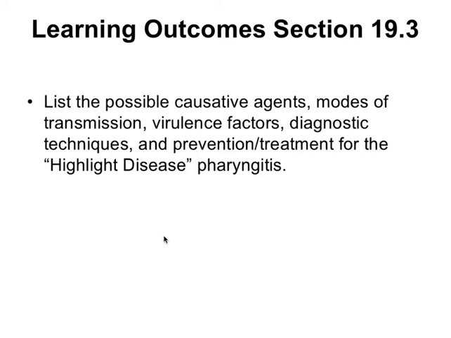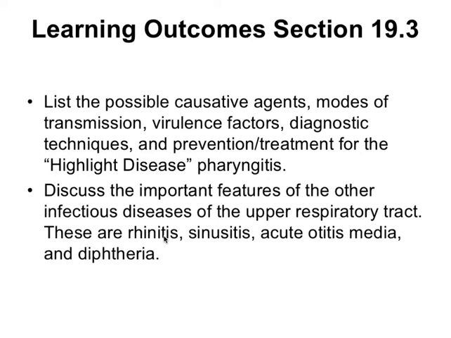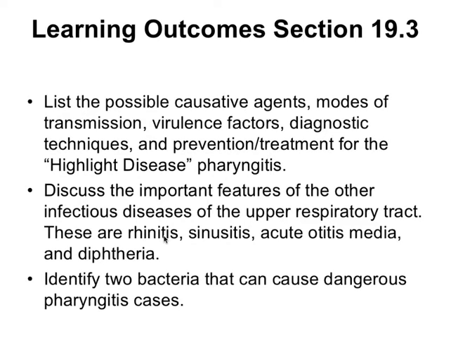So we're going to talk about pharyngitis and the virulence factors associated with it, and talk about features of infectious diseases of the respiratory tract, such as rhinitis, otitis media, and diphtheria, and identify two bacteria that can cause a particularly dangerous form of pharyngitis.